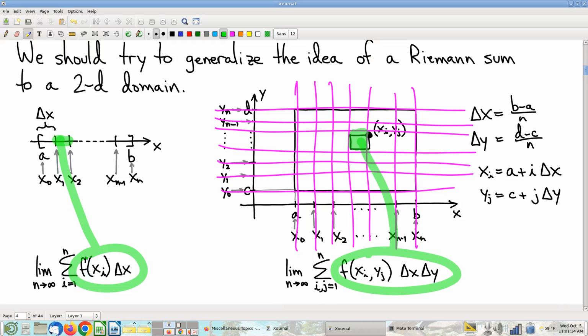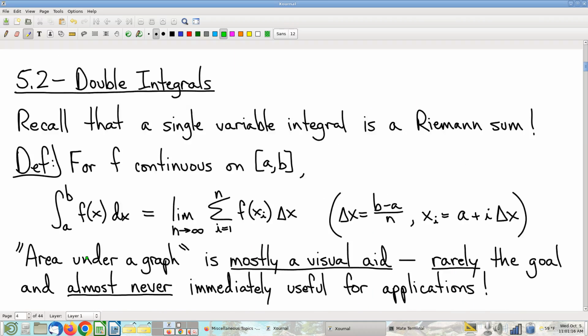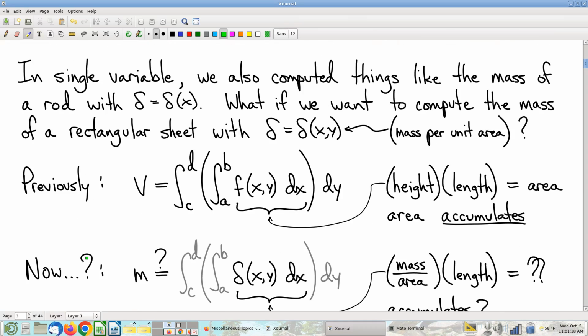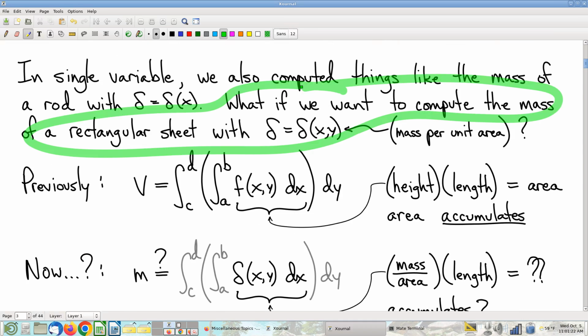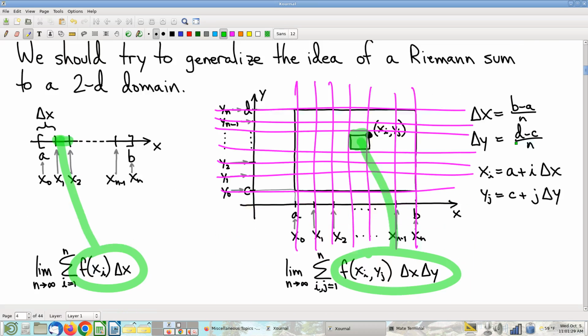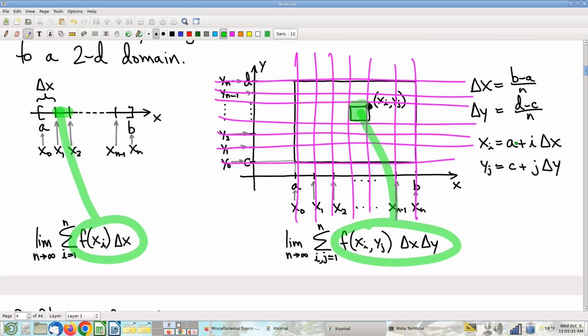Or I'm going to the previous example where we kind of crashed and burned. We crashed and burned when we were looking at a rectangular sheet where the mass was distributed across area. So we have mass per unit area. And well, okay, if you have mass per unit area, fine. Mass per unit area times area, mass.